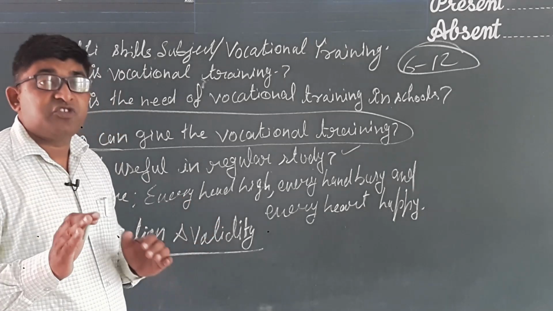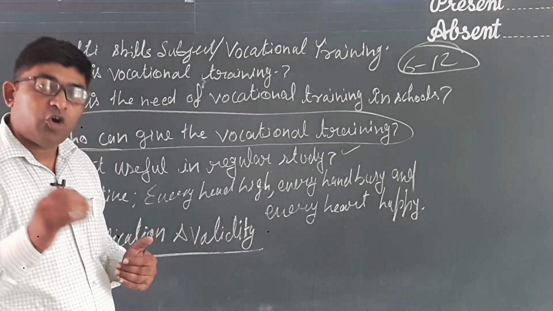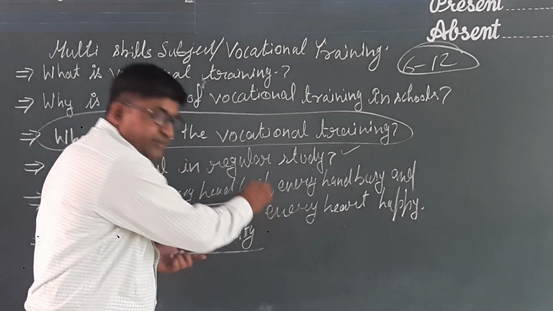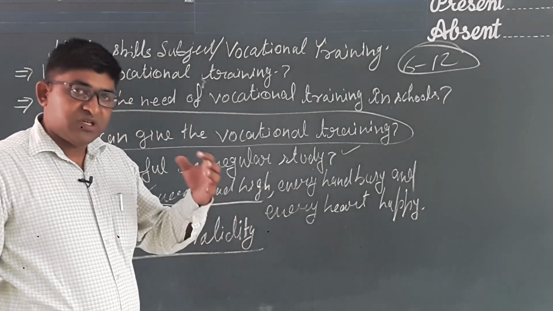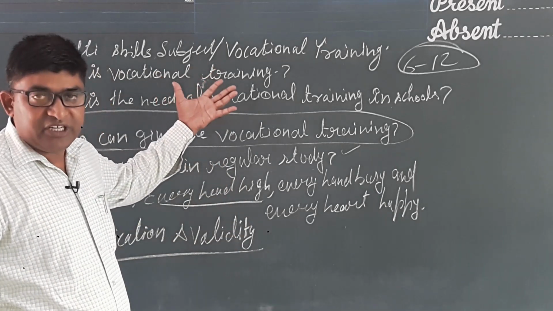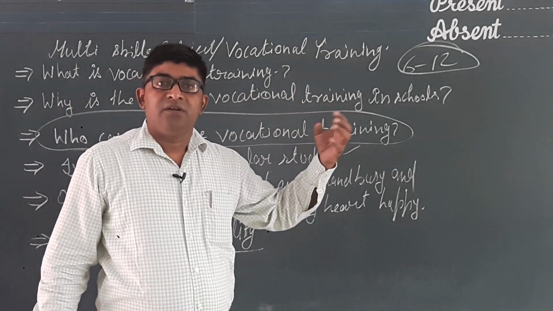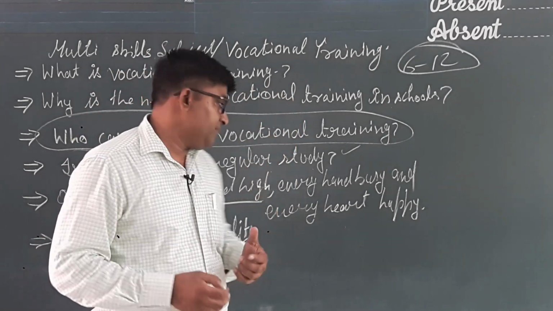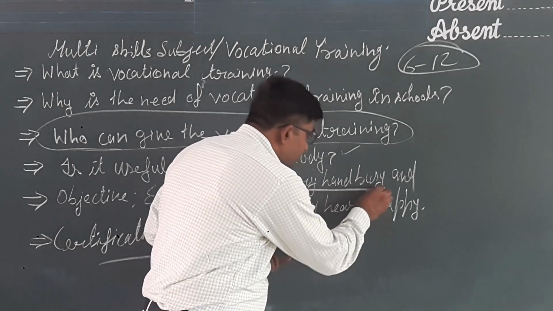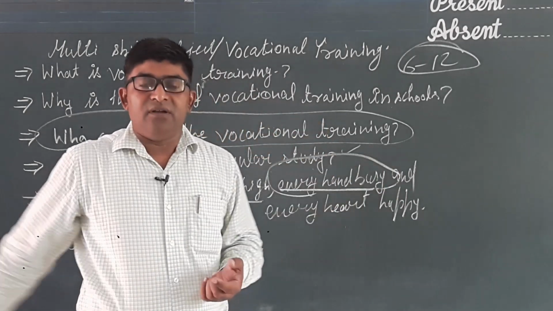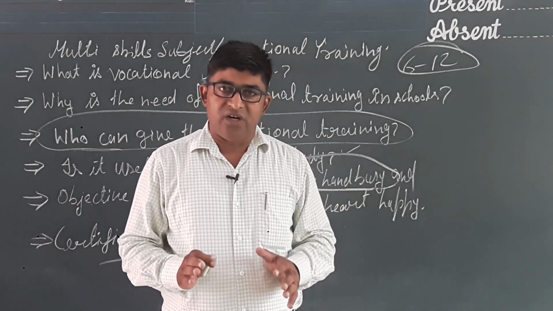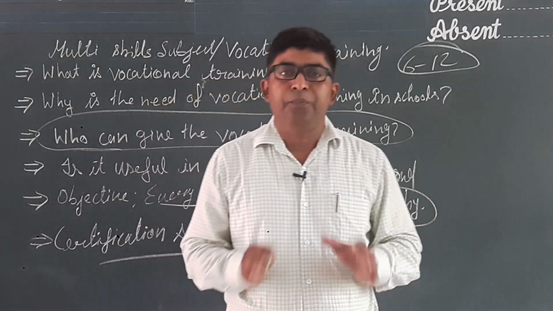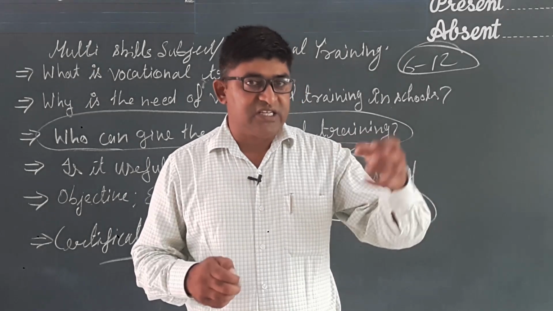What is the objective of this policy? The objective of this policy is to make every head high with dignity, because after taking this training, every child will have high morale because he has some talent to work. Every hand busy: it will enable every child to do some work. And every heart happy, if a child is competent enough to make his livelihood.